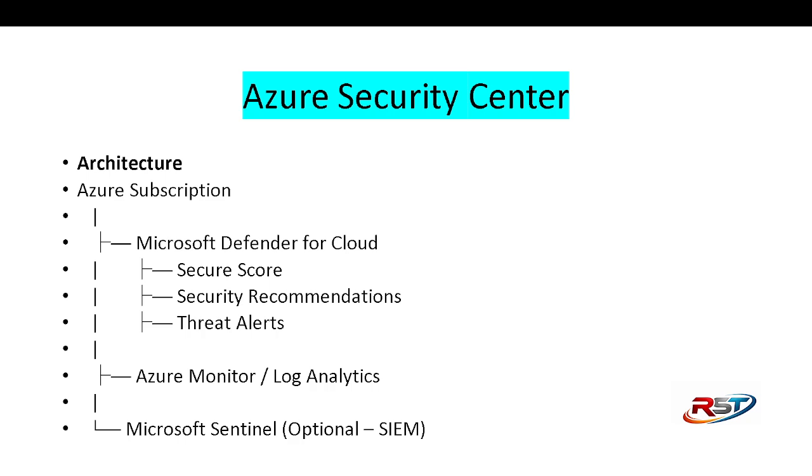Architecture: under the Azure subscription, we get Microsoft Defender for Cloud. It gives the secure score, security recommendations, and threat alerts. It integrates with Azure Monitor and Azure Log Analytics, and optionally with Microsoft Sentinel.